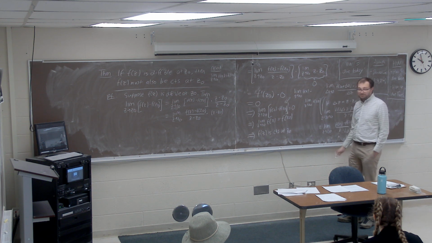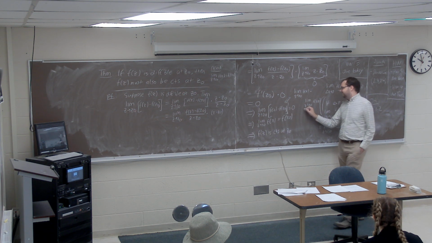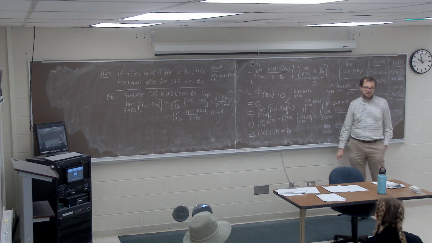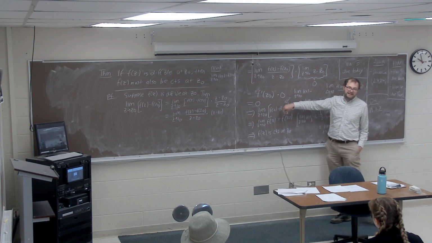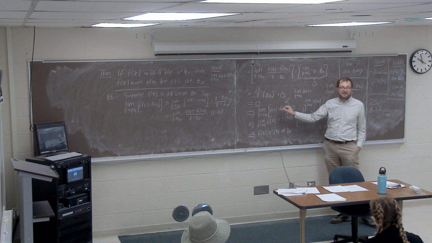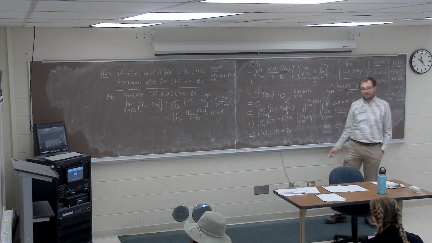And Katrine, what's the limit as z approaches z naught of f of z naught? Just f of z naught. Yeah, so this will come out to the limit as z goes to z naught of f of z minus f of z naught is equal to 0, and then you can just add f of z naught to both sides. Sorry, I did kind of gloss over that going from here to here, but there's a little bit of limit algebra occurring along the way.